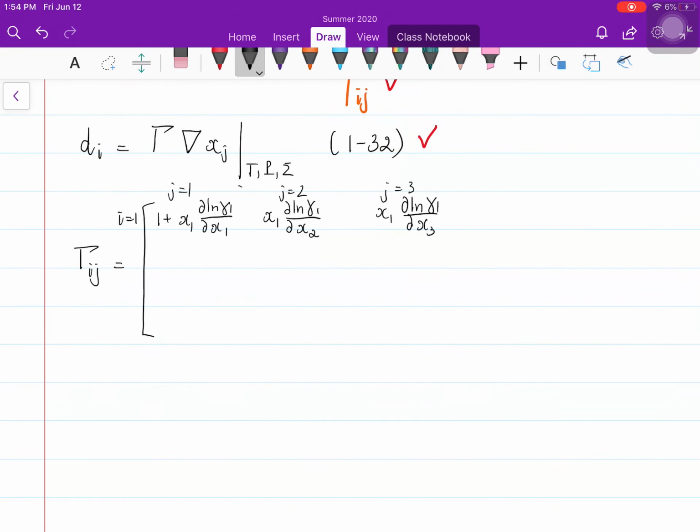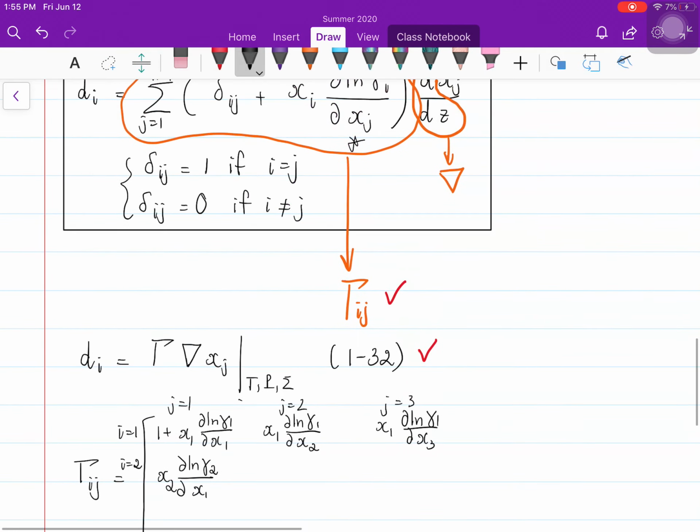Next, the second row. In the second row, the i value would be 2. And because i is 2 and j is 1, the delta would be 0. So right here we would have x2 times the partial derivative of the natural log of the activity coefficient of species 2 with respect to the molar fraction of species 1.